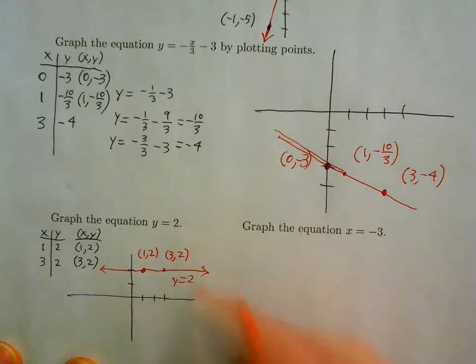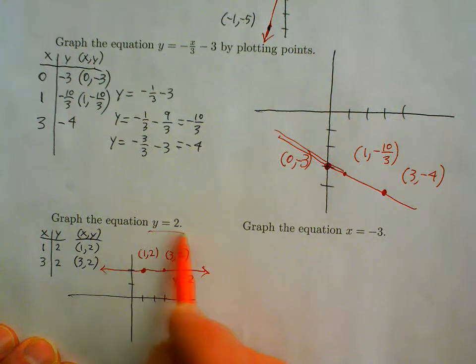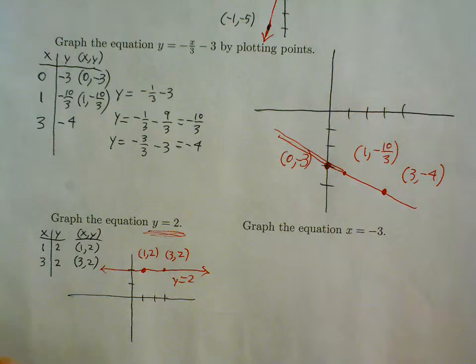Its equation is y equals 2. So that is going to be true in general. In the xy plane, if y equals a number, then the graph is a horizontal line, and every y coordinate of the points is the same number.